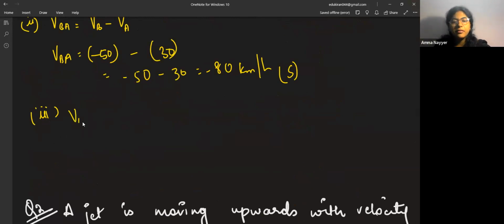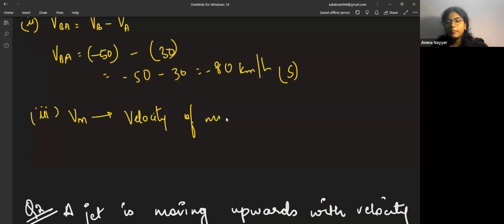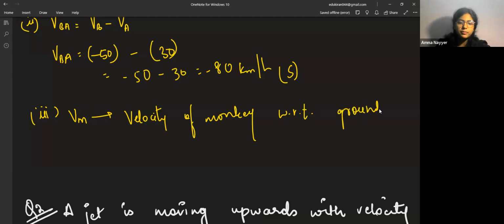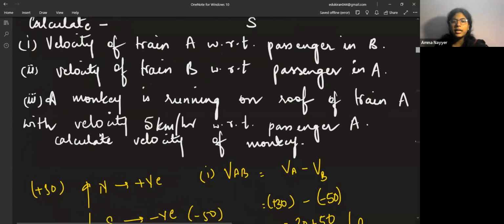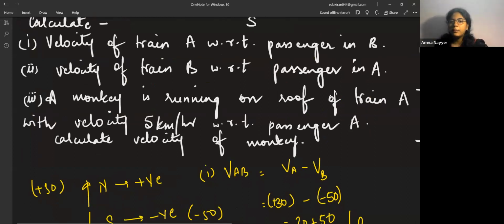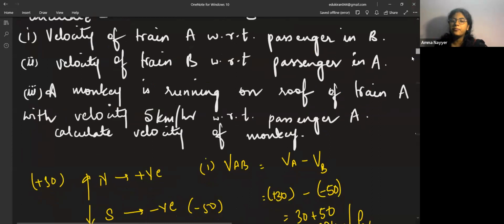This is the third part. Let's say VM is the velocity of monkey with respect to ground. VM we have to find out. VMA means velocity of monkey with respect to passenger A, which is given to us.